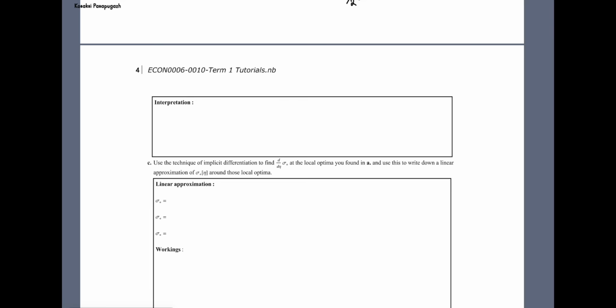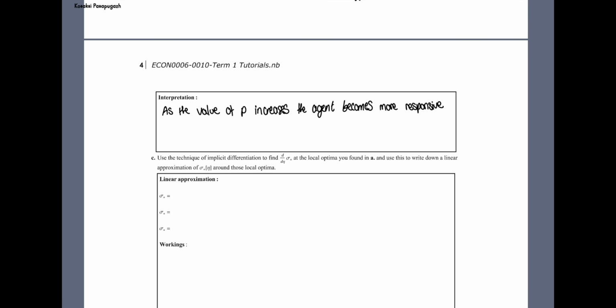So what we see is as the value of phi increases, the agent becomes more responsive to changes in evidence, as increasing phi makes the function steeper.